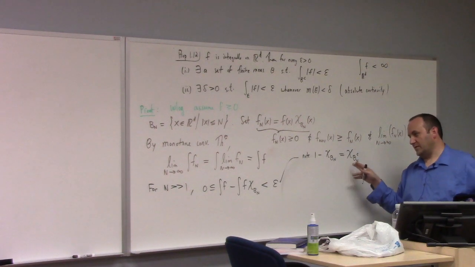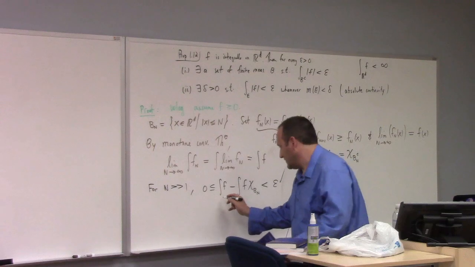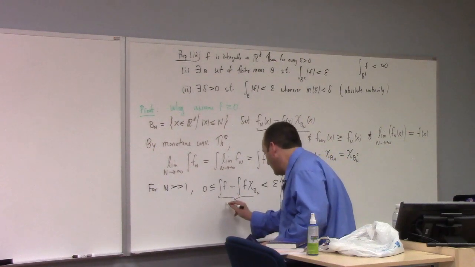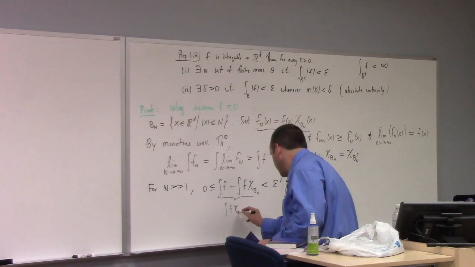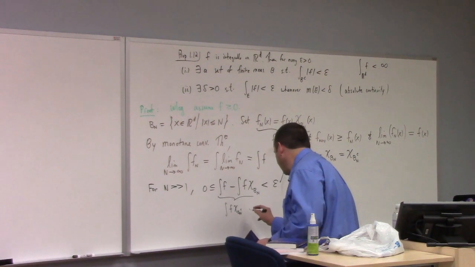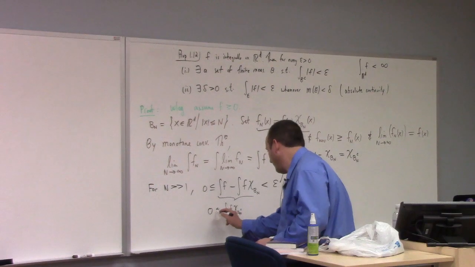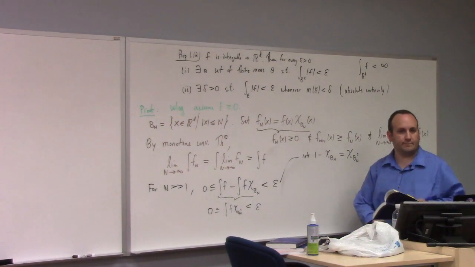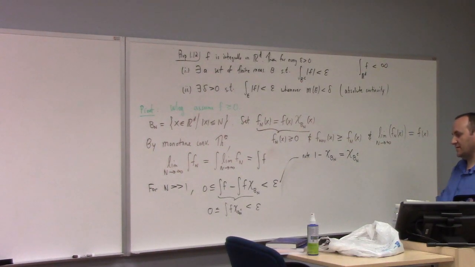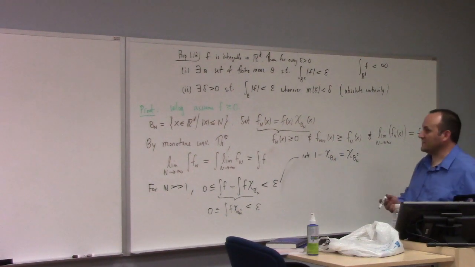And that's pretty cool because that allows us to rewrite this as the integral of f chi Bn complement. But what is the integral of f chi Bn complement? Exactly. That's precisely what we set out to prove in part 1.